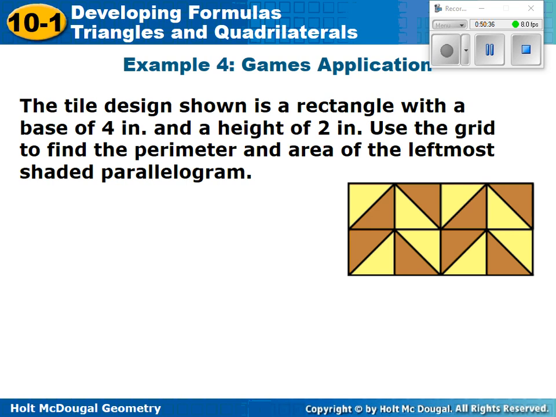I will warn you that the perimeter is not a whole number, and your answer should not be rounded. It should be in simplest radical form. The perimeter is not a whole number, and it should be in simplest radical form. The area is.